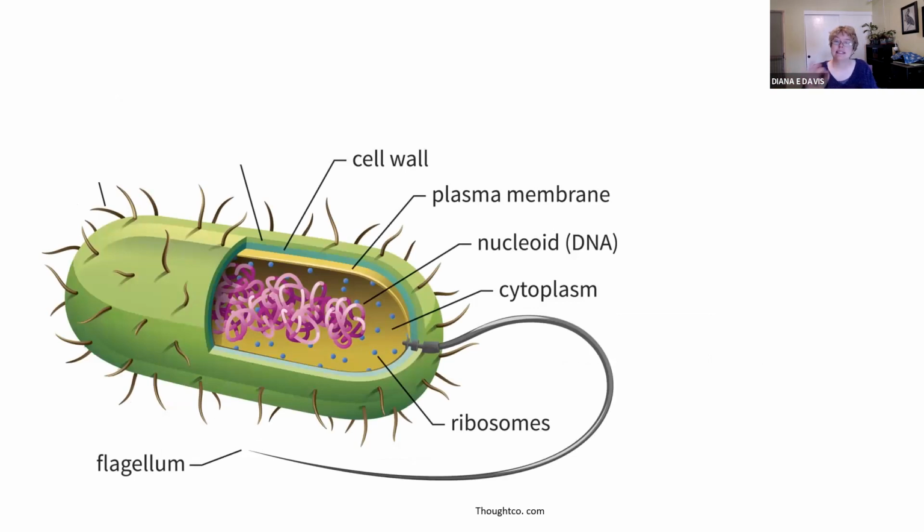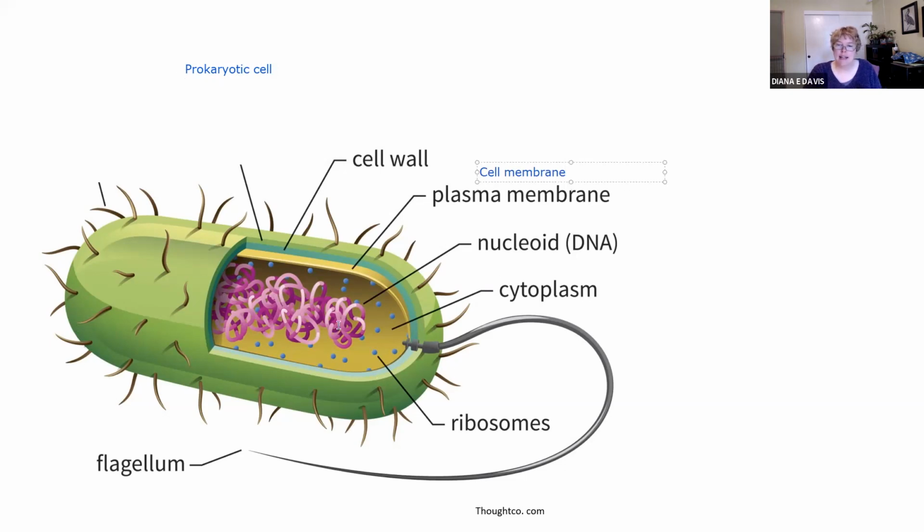This is a simplified prokaryotic cell, and you can see it's got a couple of things. It's got a plasma membrane, which will sometimes be called the cell membrane. It basically means the same thing. It's a membrane that wraps around the cell.